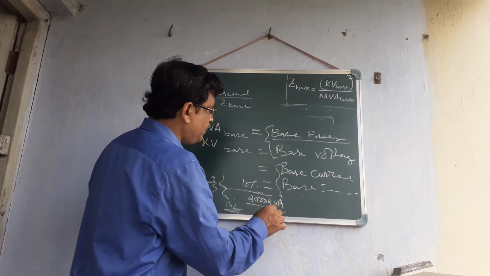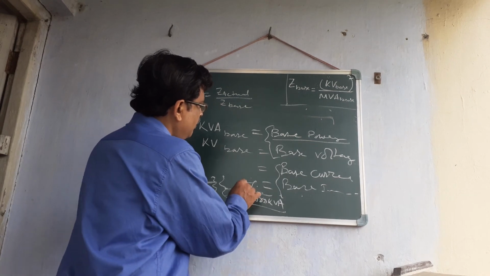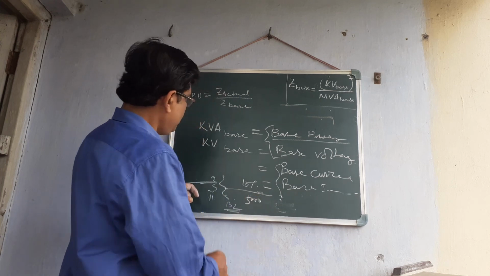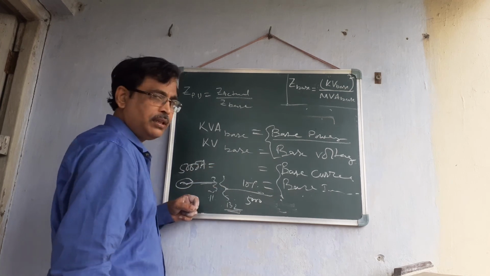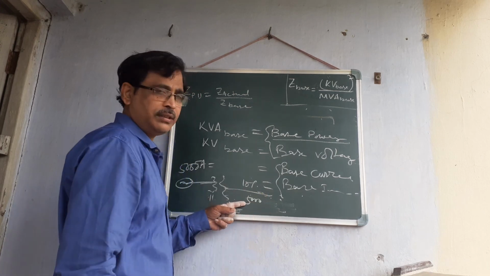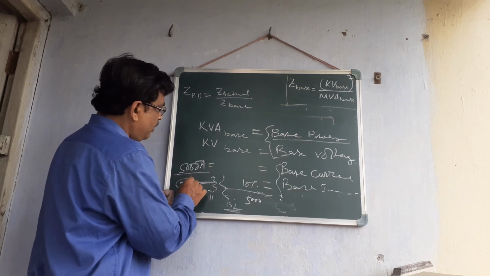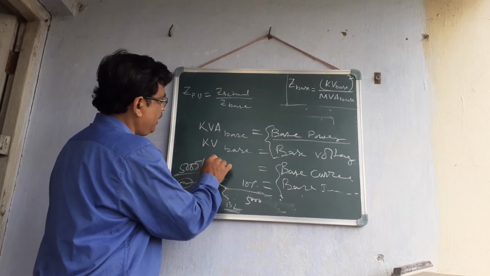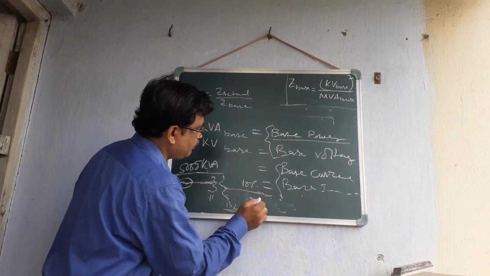So first you have to select the base. In the case of the generator, 5000 kVA was selected as the base kVA, but here the power is not 5000, assume it is 3000.